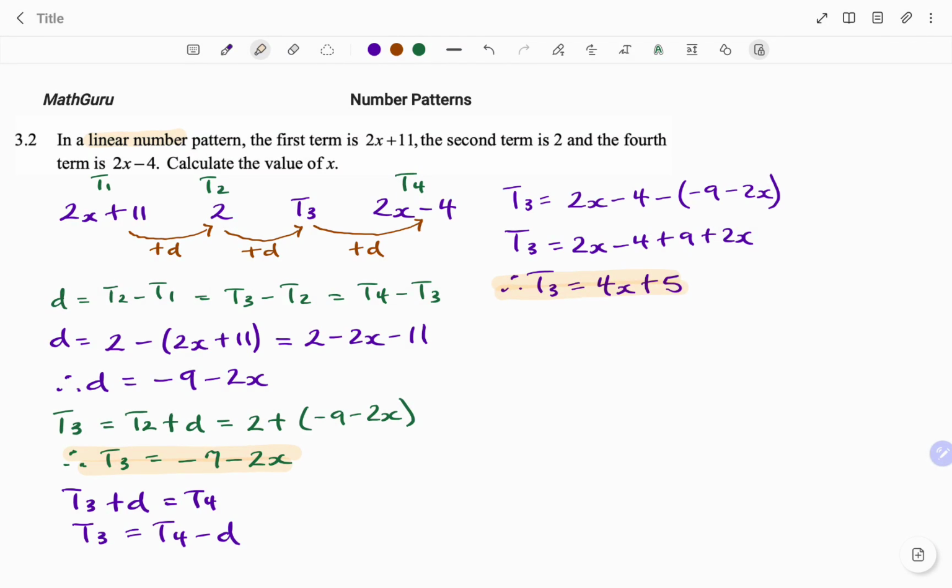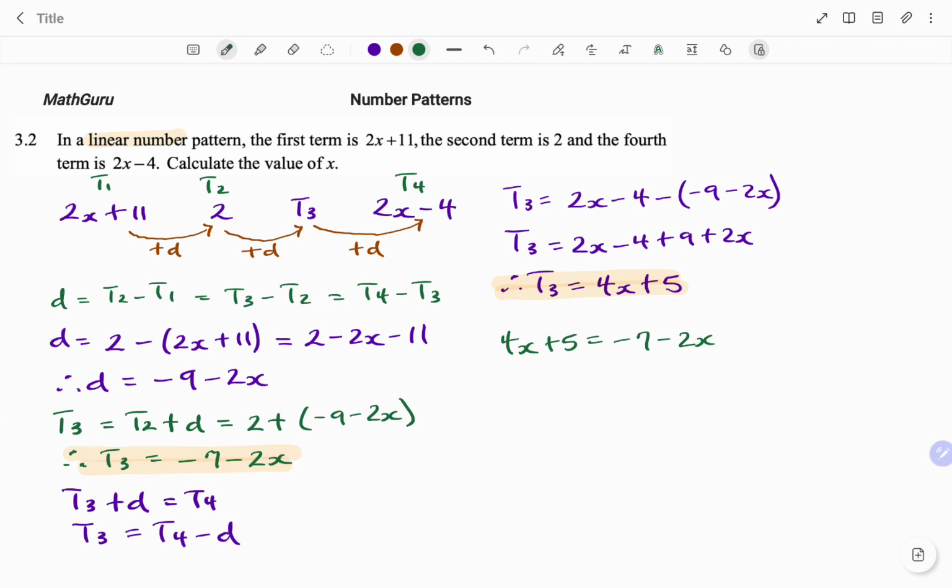Now that I have two values of t3, I know that t3 equals t3, so I'm going to equate the two expressions. I have 4x plus 5 equals the first value of t3, which is negative 7 minus 2x.